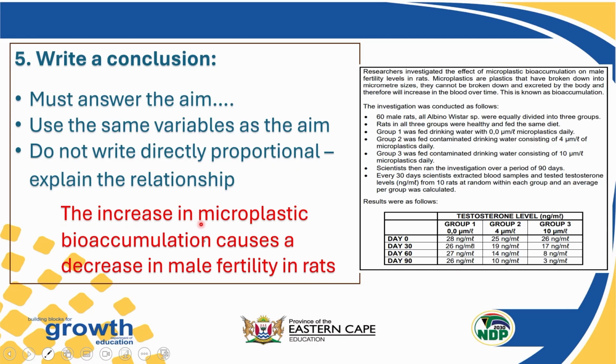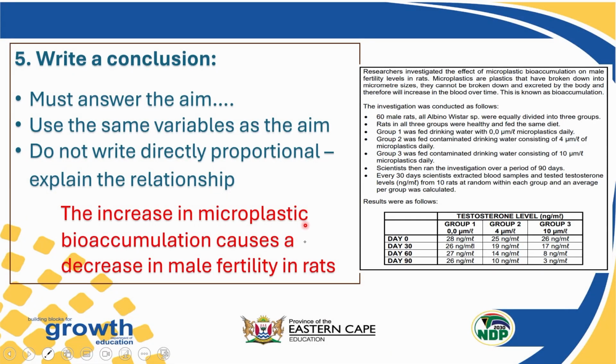Well, as the increase in microplastic bioaccumulation occurred, it caused a decrease in male fertility in rats. Okay, so let's read that again. The increase in microplastic bioaccumulation causes a decrease in male fertility in rats. So remember, we cannot use testosterone level when writing our conclusion because testosterone level is not the dependent variable. Our dependent variable is male fertility in rats, and therefore we need to use that when writing our conclusion.